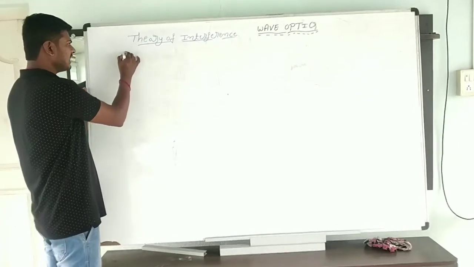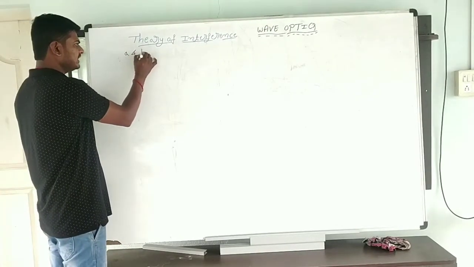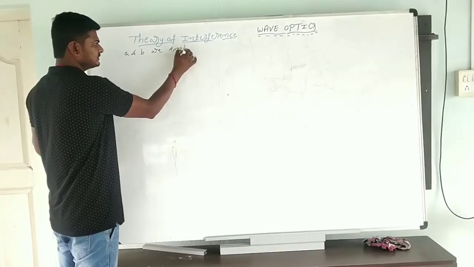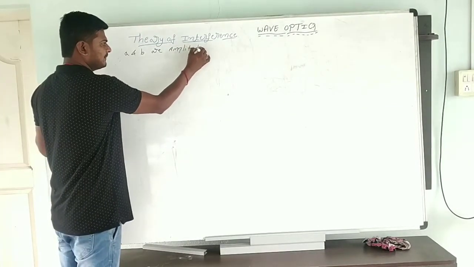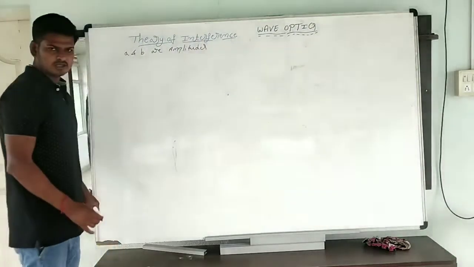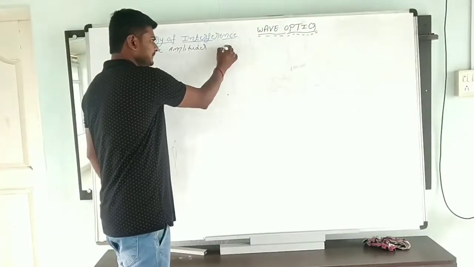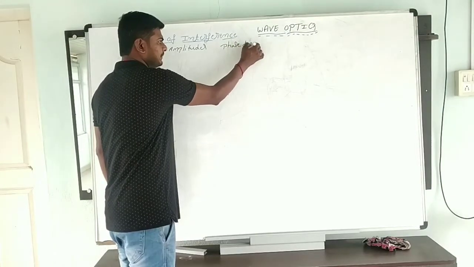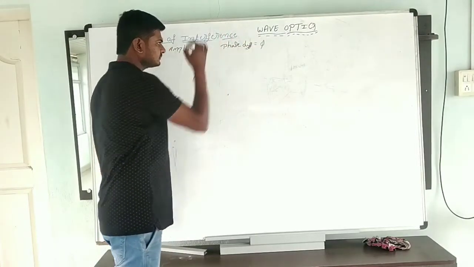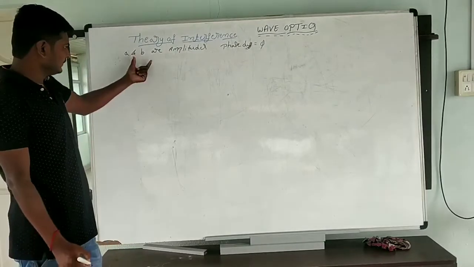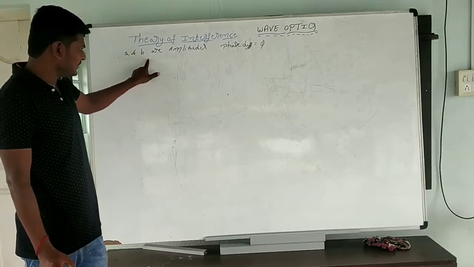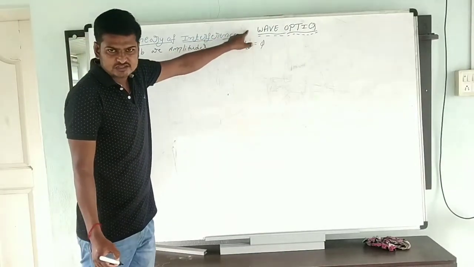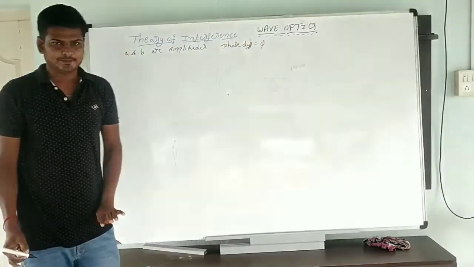A and B are the amplitudes of the two waves, having a phase difference phi.